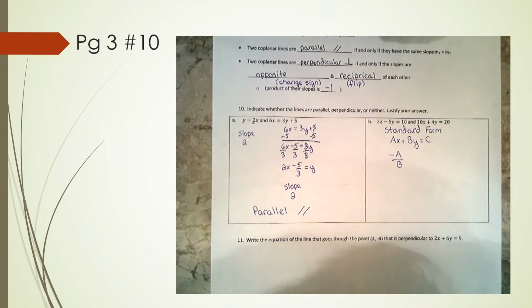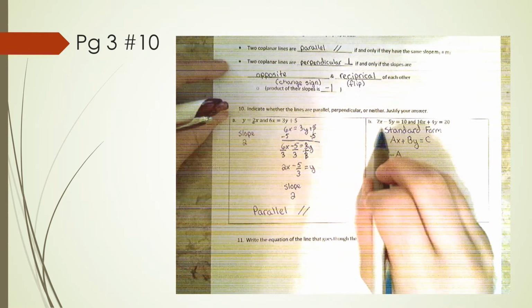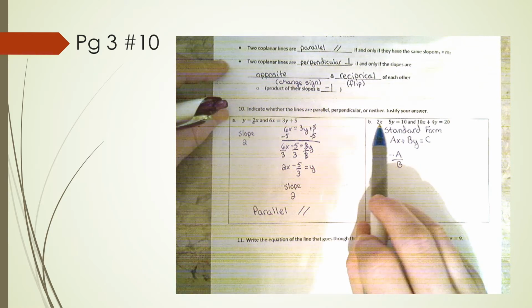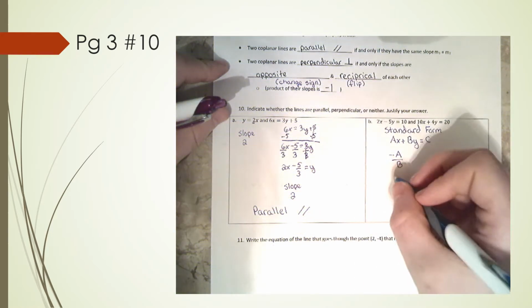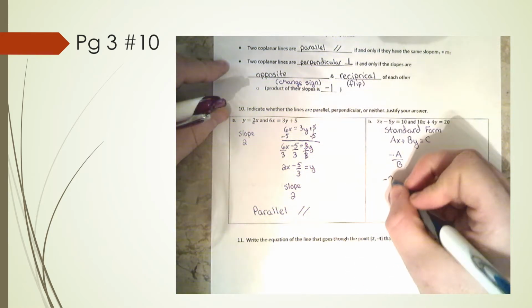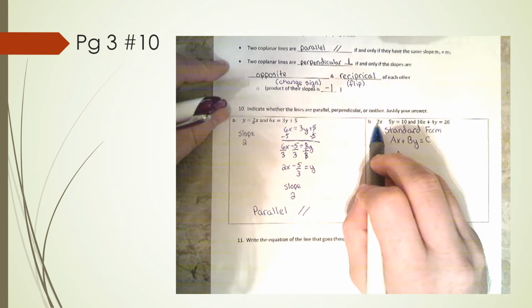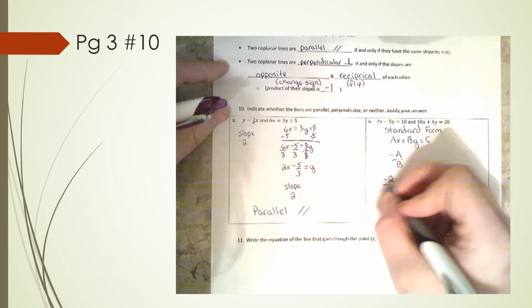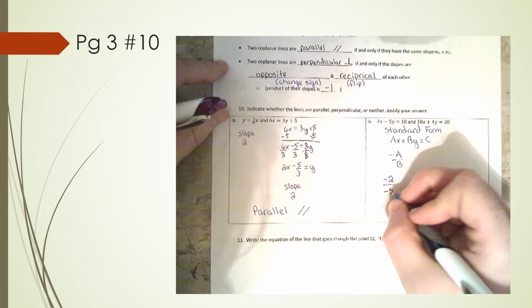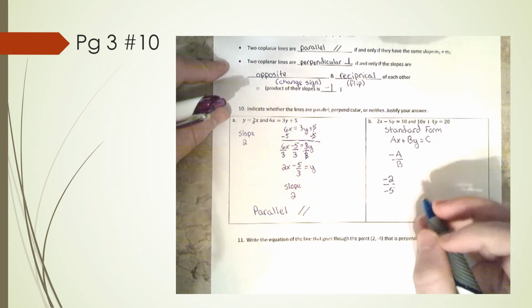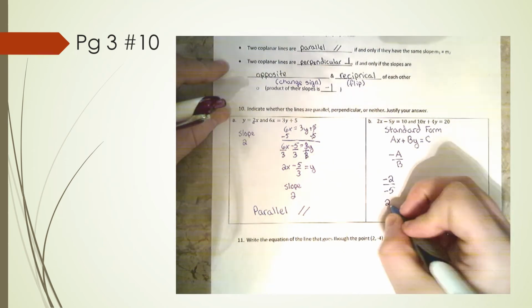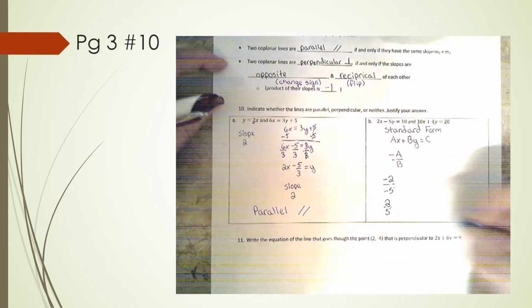And that will give you your slope. So if I looked at the first one, a is 2. So I need to do the opposite though. So that means now it has to be -2. So -2 over b, which is -5. So negative divided by a negative makes it positive. So what you really have is 2 over 5.